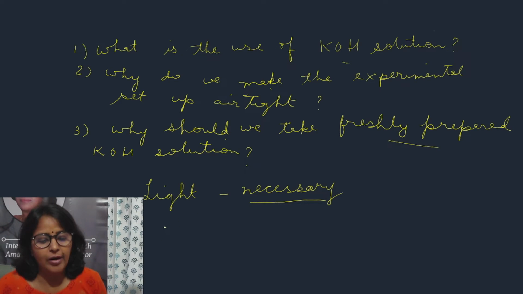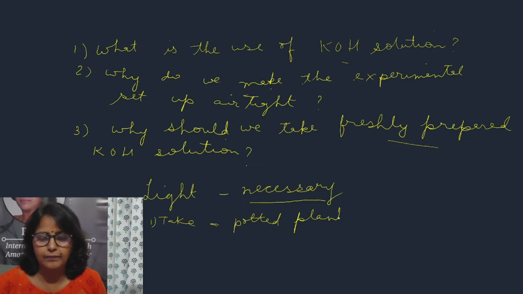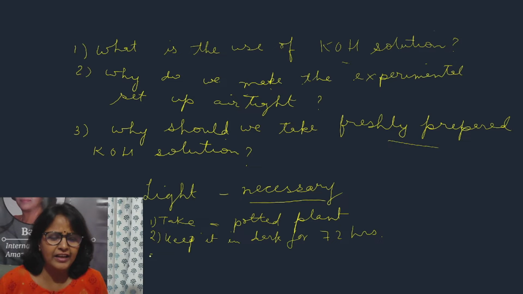We take a potted plant and keep it in the dark for 72 hours. What happened? All the starch has been used up. Now again keep it in sunlight for 6 hours.